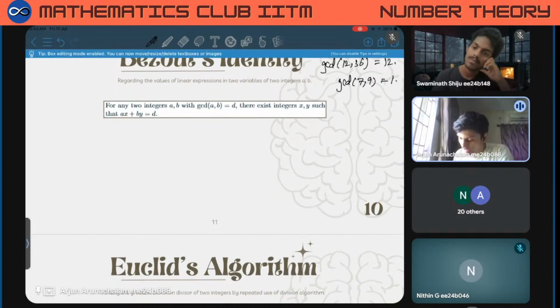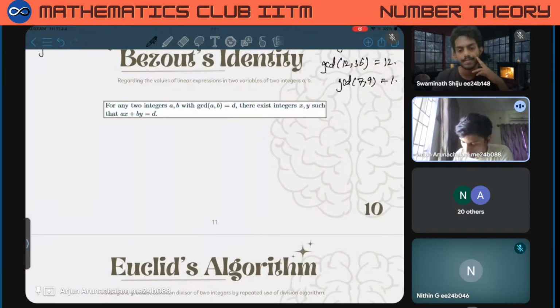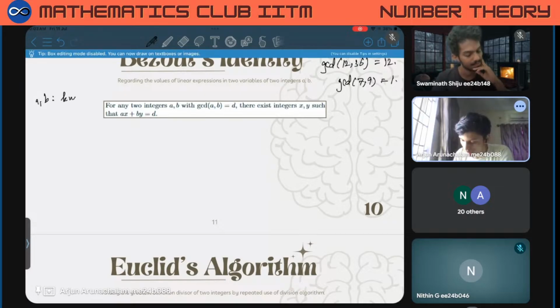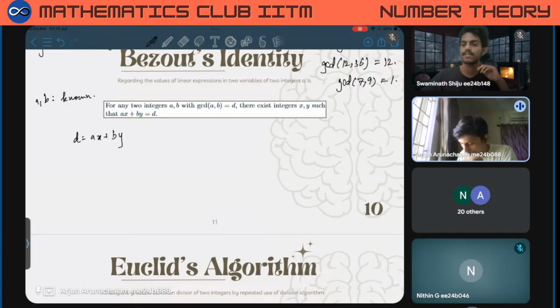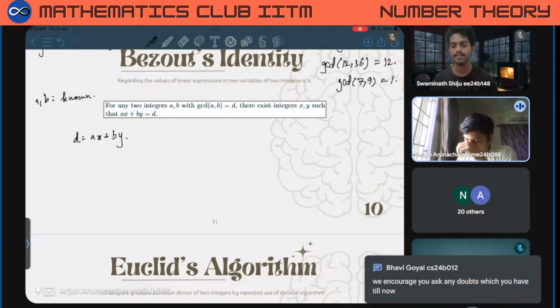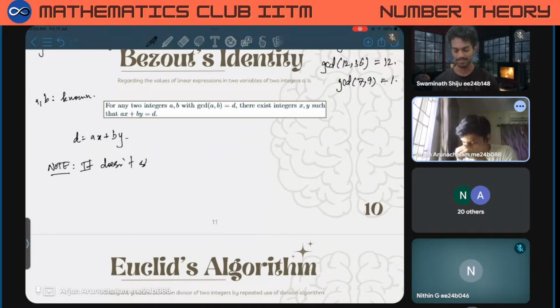Yeah, so basically it states that for two known integers a, b, there exist two integers x and y such that you can write d is equal to ax plus by. Okay, so d is equal to ax plus by. One important point to make note of here is that the theorem doesn't state that x, y is unique.